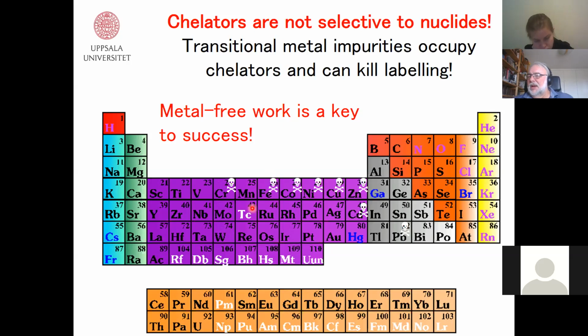And here are examples of some common metal impurities which can kill any chelator just by competing with radiometal for placing chelators. Chromium, iron, cobalt, nickel, zinc, lead. If you don't take away from your solution, you are in trouble.